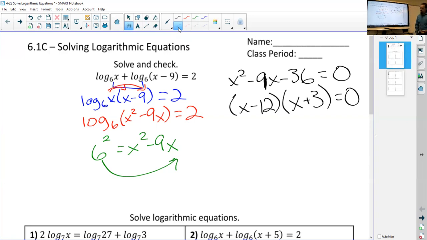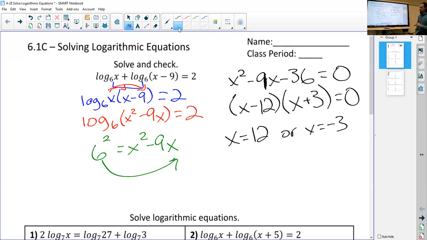And then don't forget, I know you do all this work and then you skip this final step. If these are my factors, then the solutions are the opposite value. So x either equals 12 or x equals negative 3.